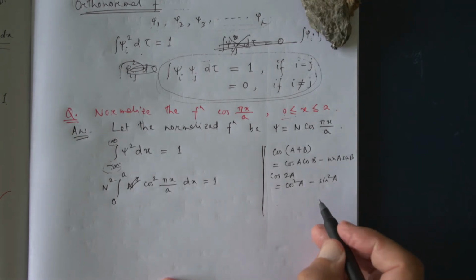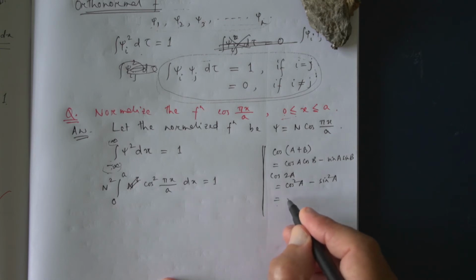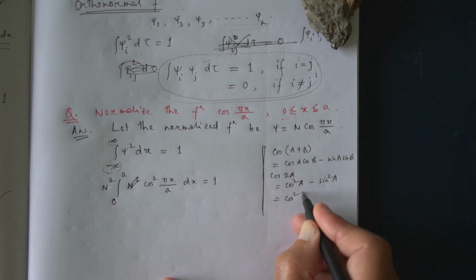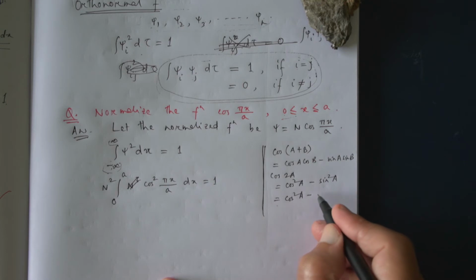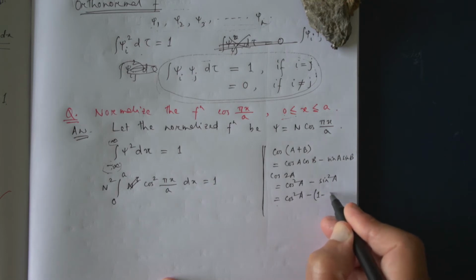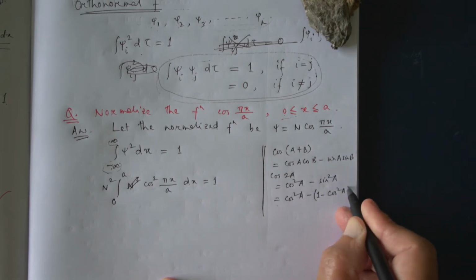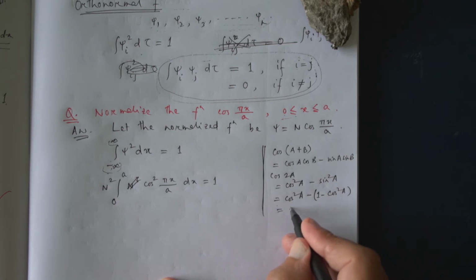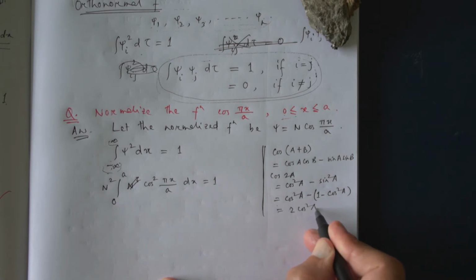Now we can write this as cos square a minus 1 minus cos square a, so this will be equal to 2 cos square a minus 1.